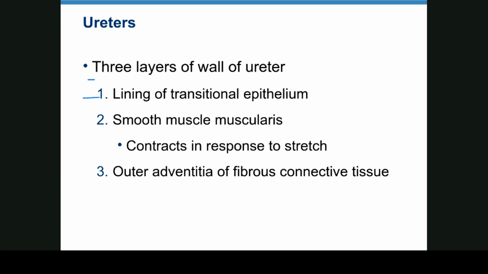You remember transitional epithelium is big and poofy, and then when it gets pressure on it, it's squashed. Your urinary bladder has the same thing. And then when the pressure is let off, it poofs back up. Smooth muscle muscularis that contracts in response to stretch, and an outer adventitia with fibrous connective tissue.